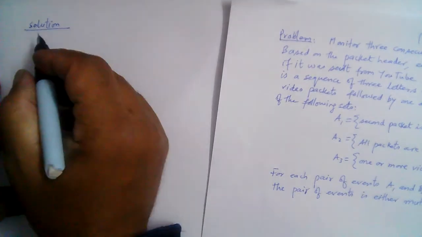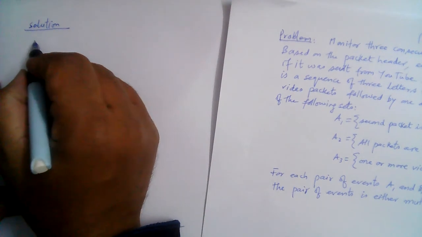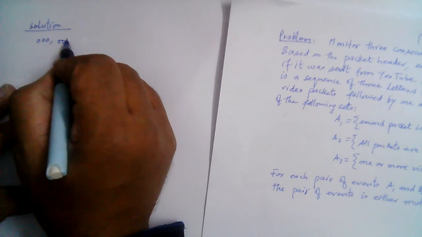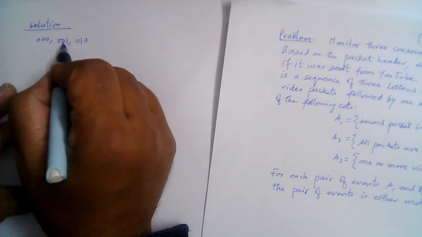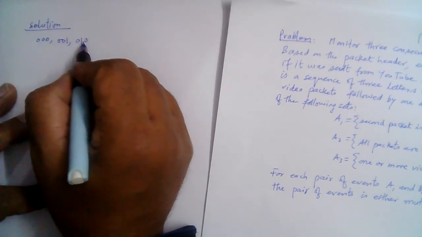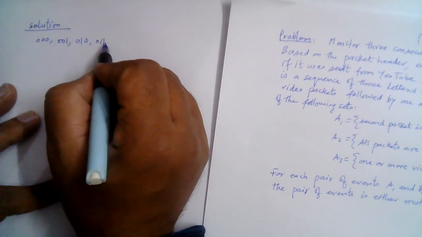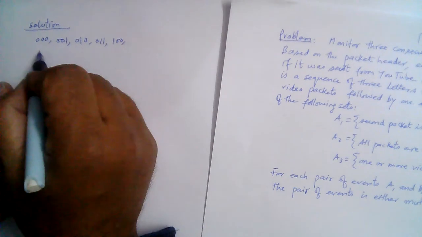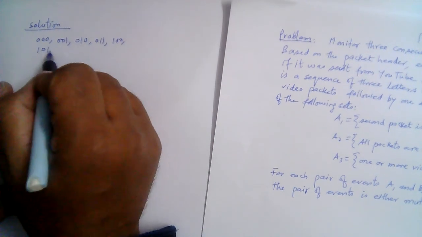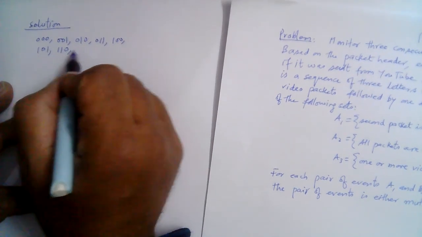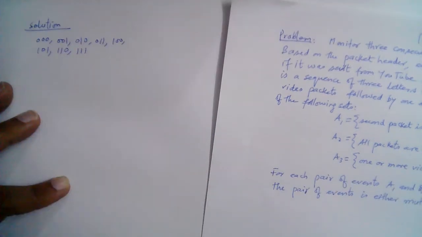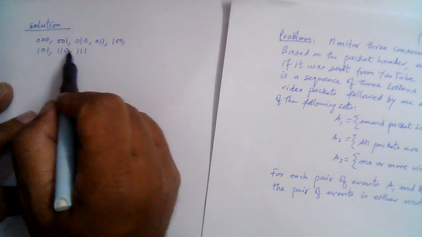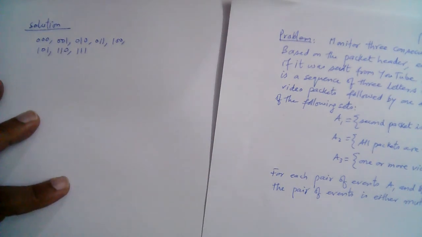For example, if we have 3 bits, we can write it like this: 000, 001, 010, 011, 100, 101, 110, 111, which are decimal 0 through 7. So these are 8 possible outcomes, right?